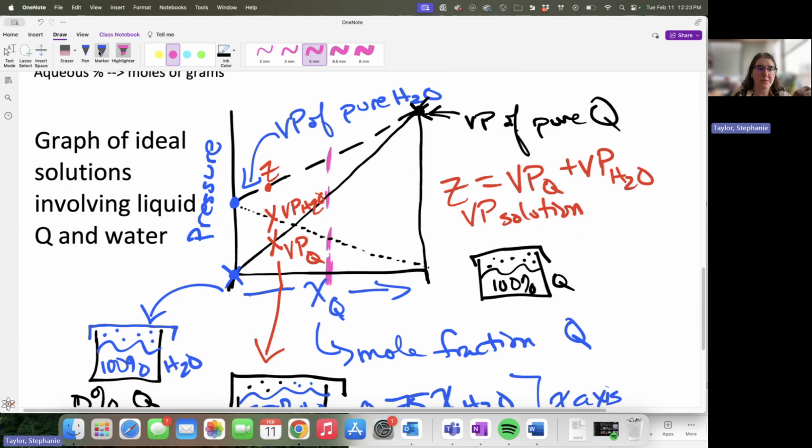What I should be able to notice then is that that's not true in the vapor. That's true for the liquid, but that's actually not what's happening in the vapor phase.